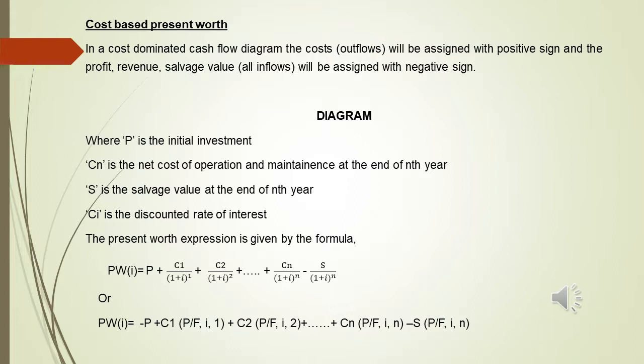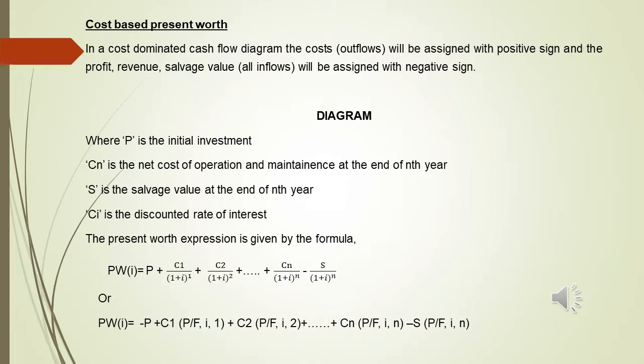So the present worth for this cost-based present worth formula is given by PW of I is equal to P plus C1 by 1 plus I to the power of 1 plus C2 by 1 plus I to the power of 2, and go on till n, Cn by 1 plus I to the power of n minus S by 1 plus I to the power of n.